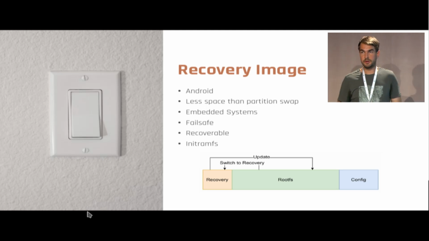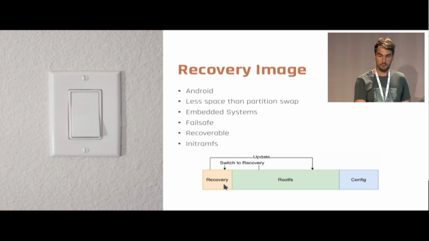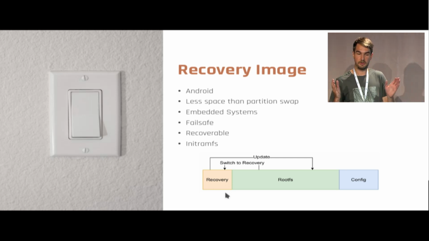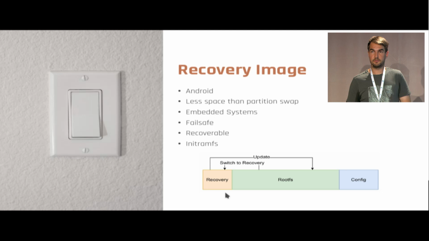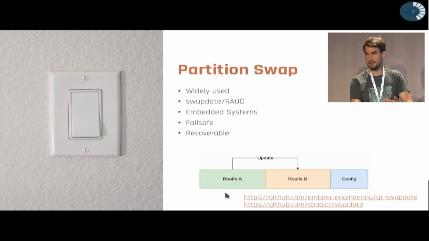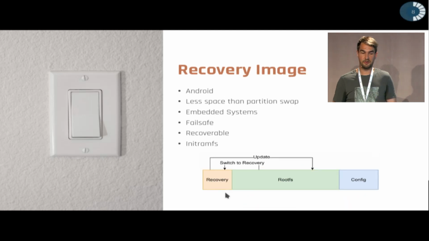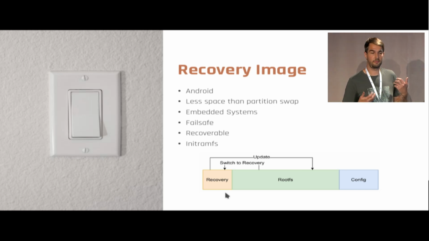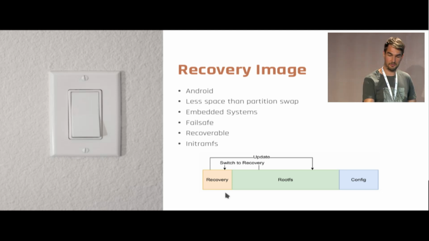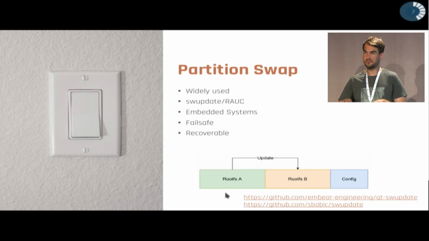The advantage compared to the partition swapping is that this one can be smaller, so you waste less space compared to this approach here. However, it means you have to maintain two systems because you have a recovery image and a root file system. And it's a little bit harder to handle, especially also during development, because the nice thing about partition swapping is, if you're working with the root file system and you want just to replace it, you can easily do the steps manually.